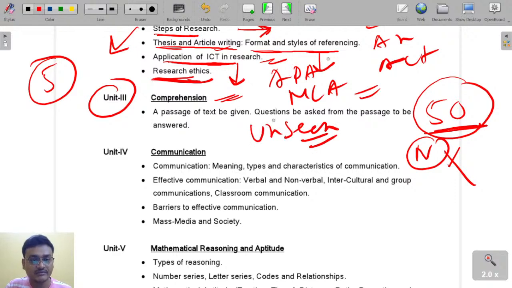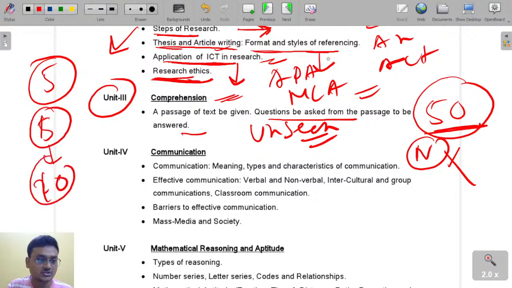A passage of text is given, and questions are asked from the passage to be answered. There will be a total of 5 questions, containing 10 marks. This is compulsory. You have to attempt it.